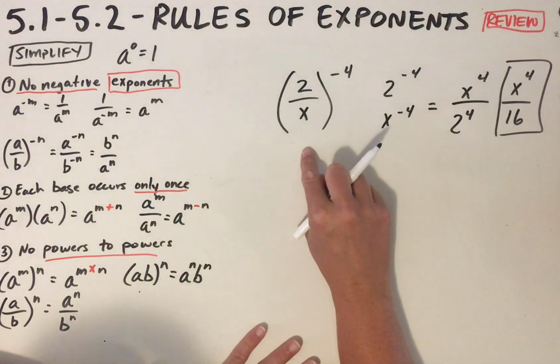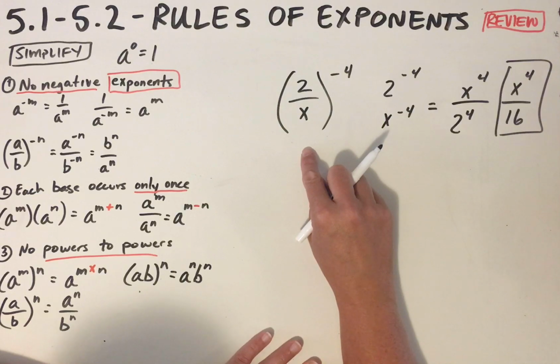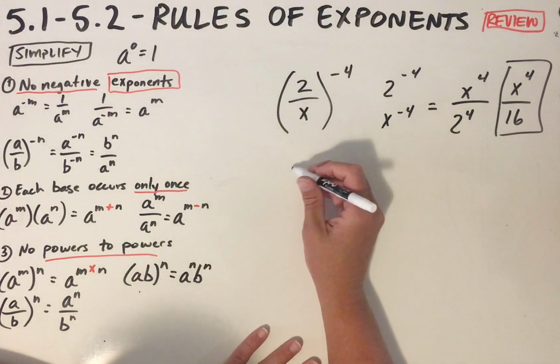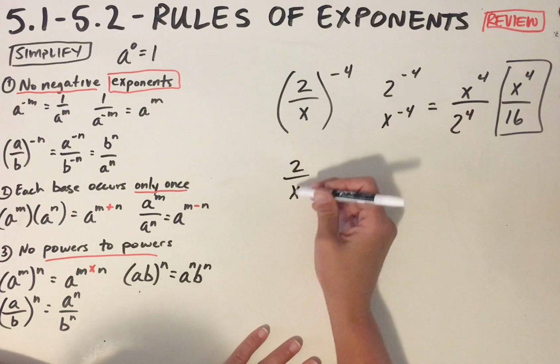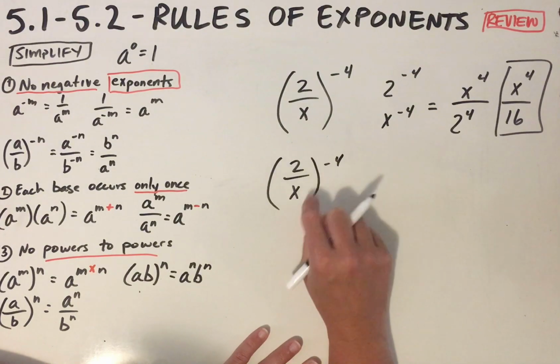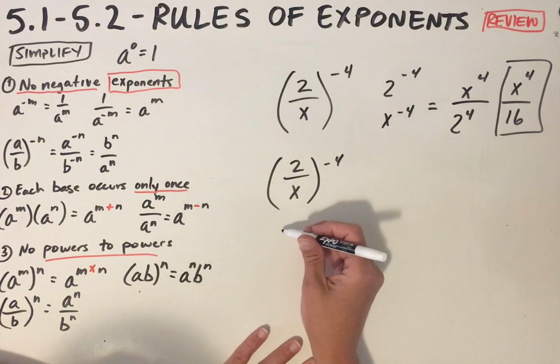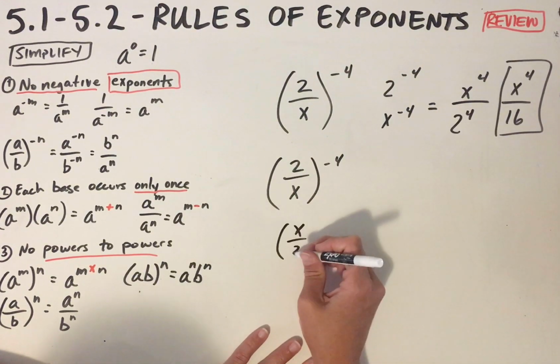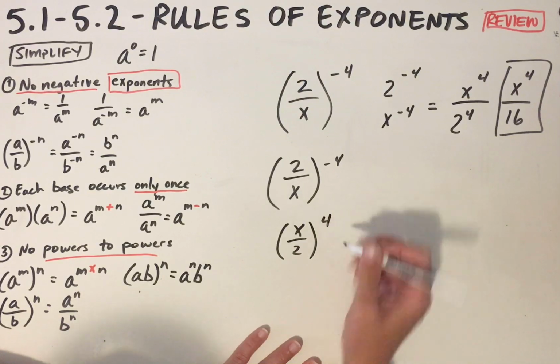Okay, well, some people are like, wow, that's crazy. I want to show you that you could also just flip this. Watch this. What ends up happening here? This is negative and the exponent is negative on, and there's a quotient inside. You can just flip the whole dang thing, whatever's inside, and make it positive.